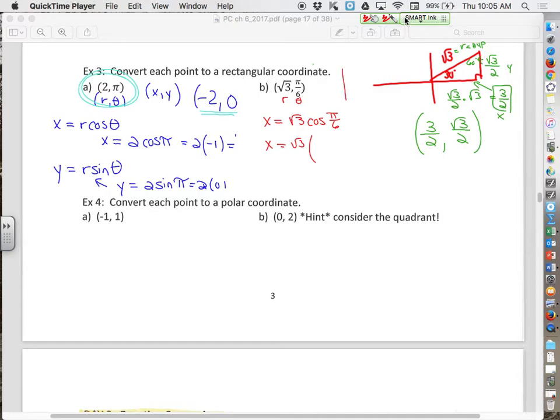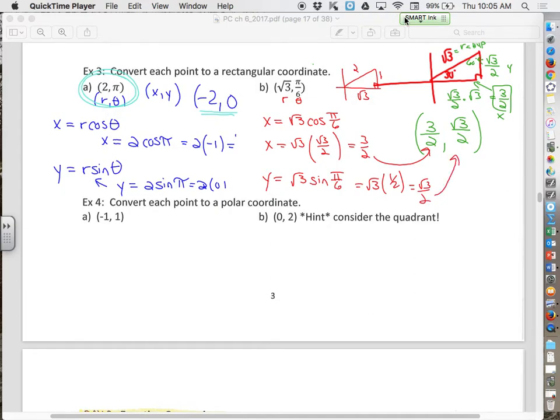Cosine of 30 degrees is going to be √3 over 2. Multiply, you'll get 3 over 2. Same thing we just got. Y is r sine theta, so √3 times the sine of pi over 6. So pi over 6, the sine would be 1/2. So it gives you √3 over 2. Same thing we got. I just don't like to have to work through the formulas there.